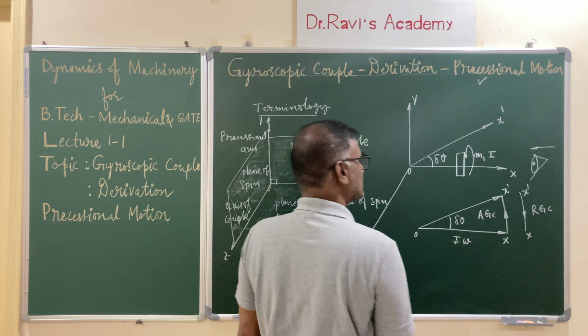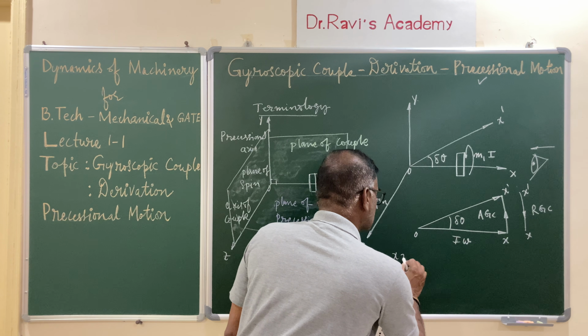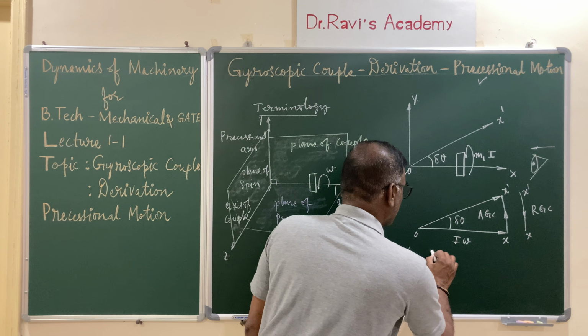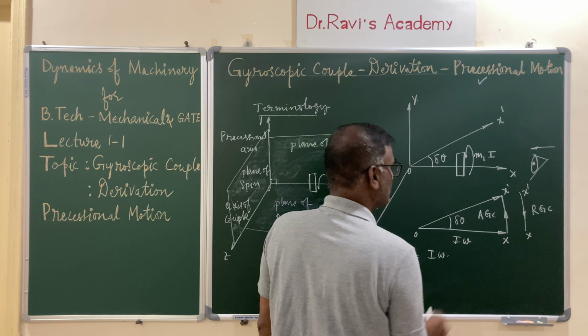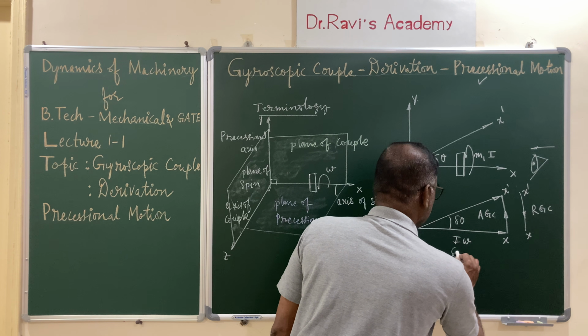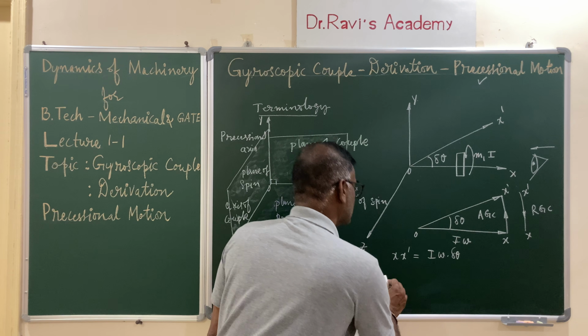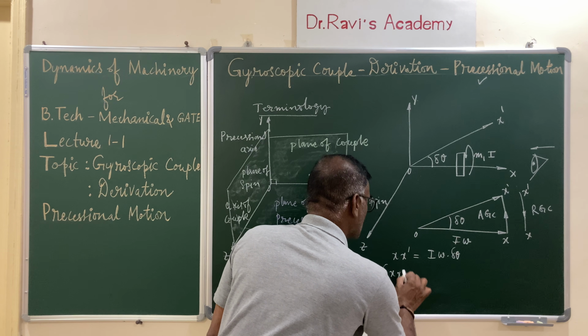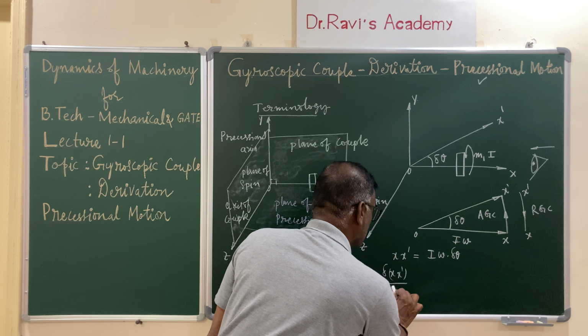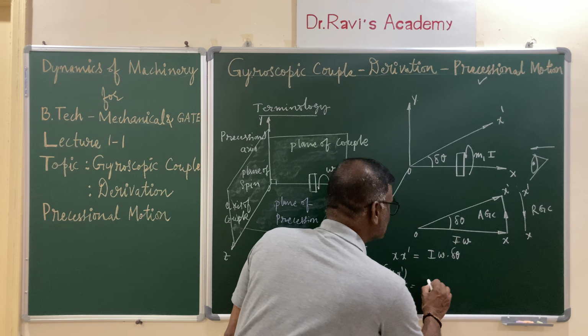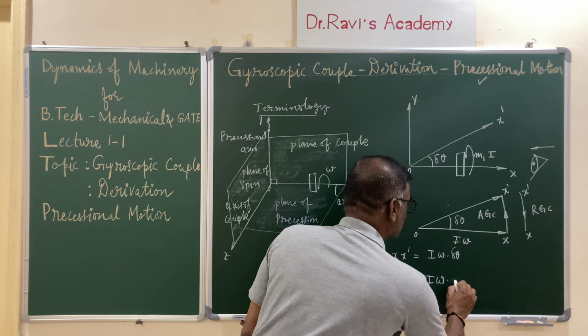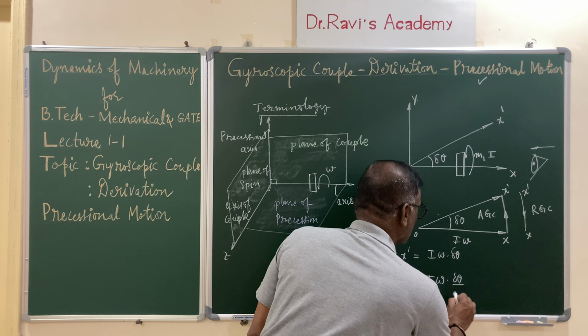Now let us obtain the expression for the gyroscopic couple. So let us calculate the value of x prime, which is the arc length, and it is I omega into delta theta. And let us calculate the change in this arc length with respect to the time delta t. So that gives you I omega into delta theta by delta t.